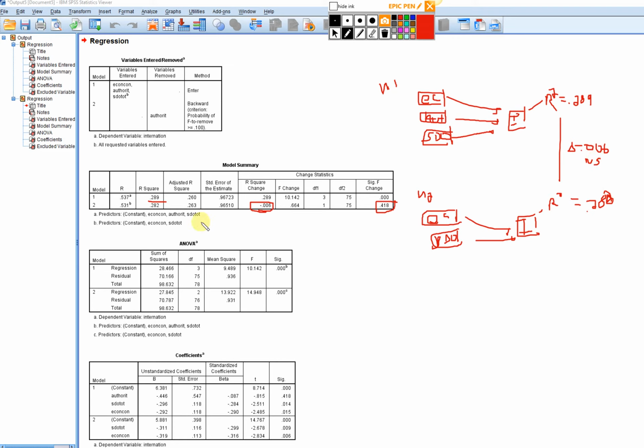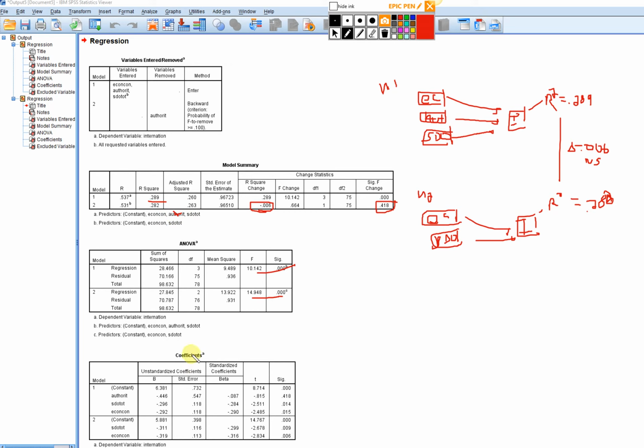By eliminating the poor predictor, we still maintain just about the same amount of predictive power. Again, our R-squared for Model 1 was significant, R-squared for Model 2 was significant. The change in R-squared by dropping out this predictor variable was negligible.